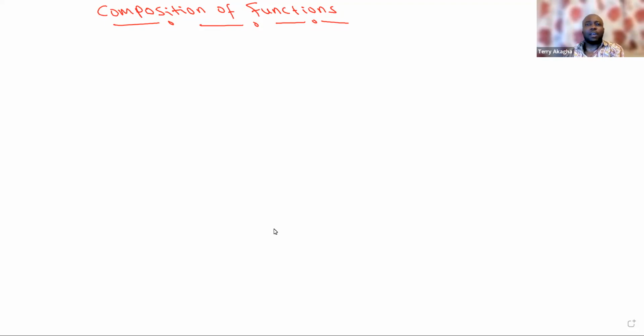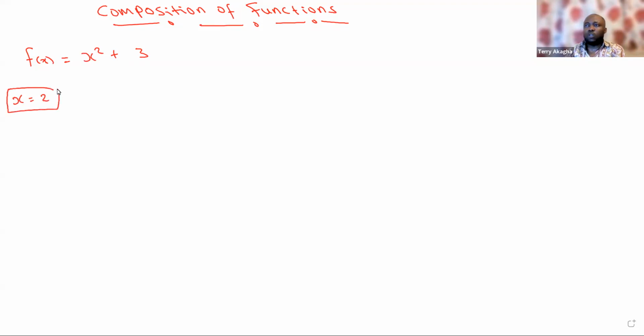For instance, in a previous video, I talked about having several functions, like f of x equal to x squared plus 3. This is what we call a composition of functions if you look at it carefully. Let's say x is equal to 2.